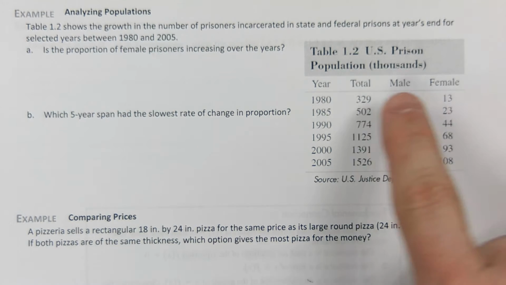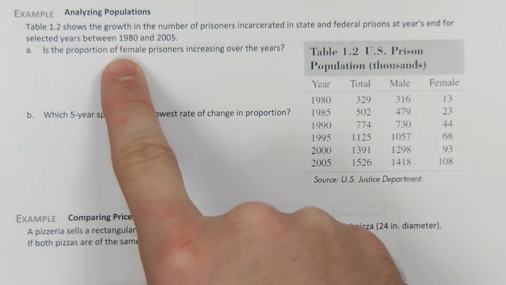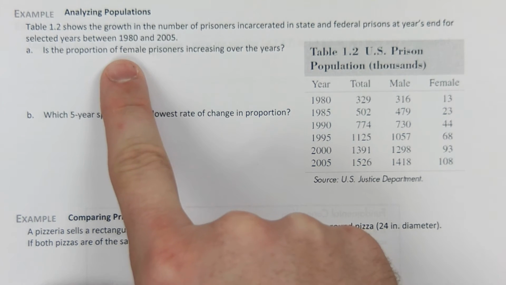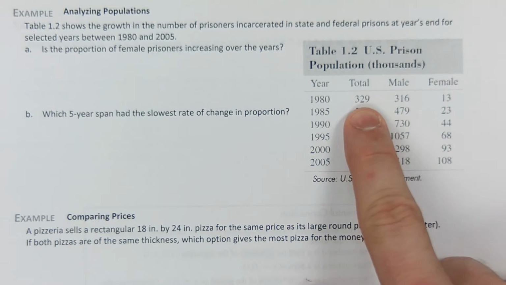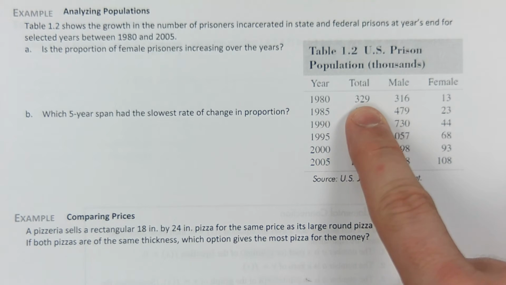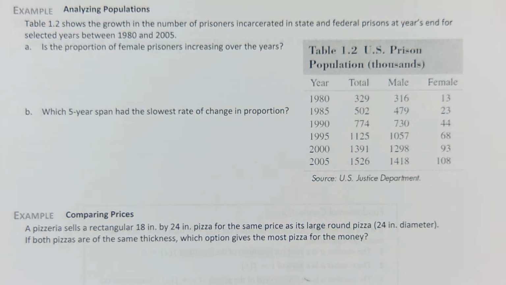So in order to figure out if the proportion is going up, I need to know the proportion of female prisoners every year. I could do female prisoners divided by total number, and that'll tell me what percent of the total population they are and whether or not that's going up. Or I could do female divided by male, and I would get a different proportion, but we could still see whether or not those numbers are going up. I would like to know the percent of total population.